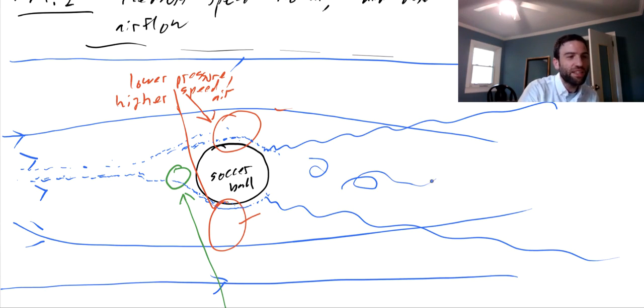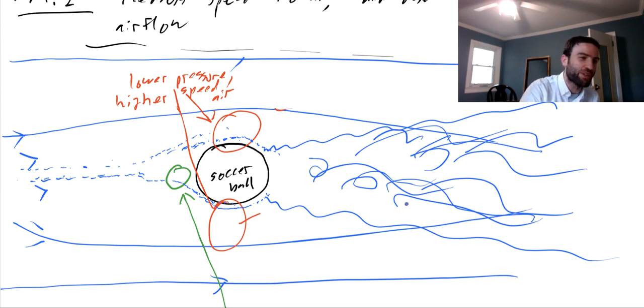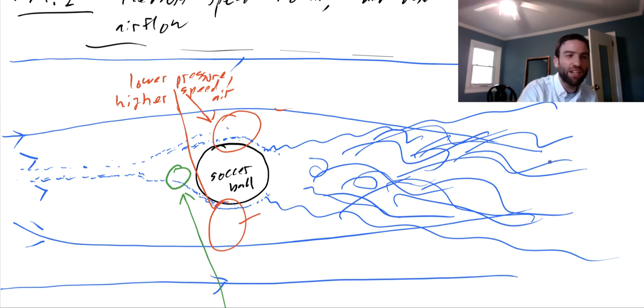And so in this turbulent wake, the airflow is no longer smooth and laminar and easy to think about. It's this complex swirling set of vortices and backflows and all of this stuff. And you actually get this little reversing current of air near this part of the soccer ball that feeds into the wake. Okay.